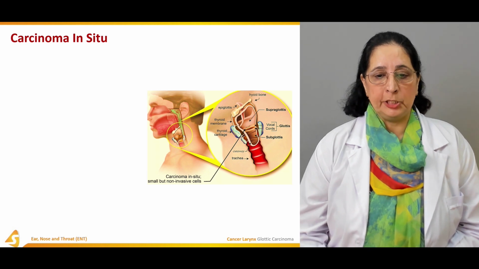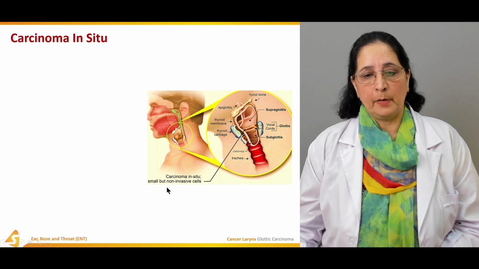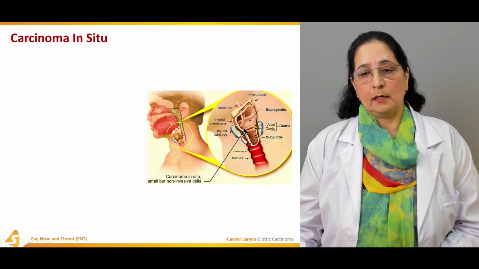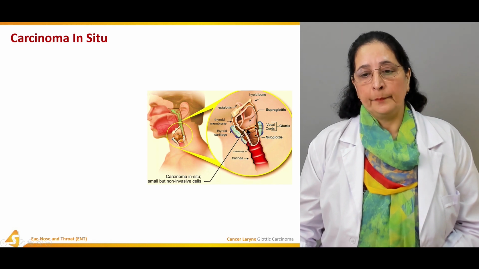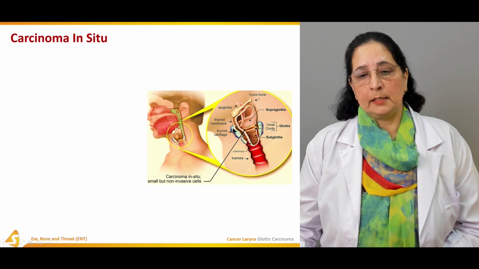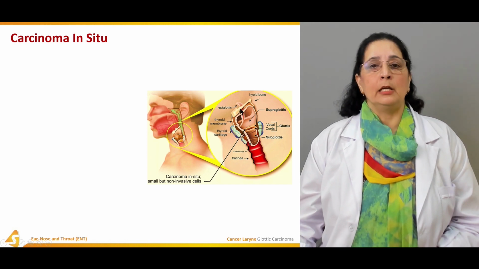Carcinoma in situ, in which small but non-invasive cells are present. That's the carcinoma in situ. We have the subglottic region, the supraglottic region, and that's the glottis. That's the thyroid cartilage, thyroid membrane, and epiglottis.